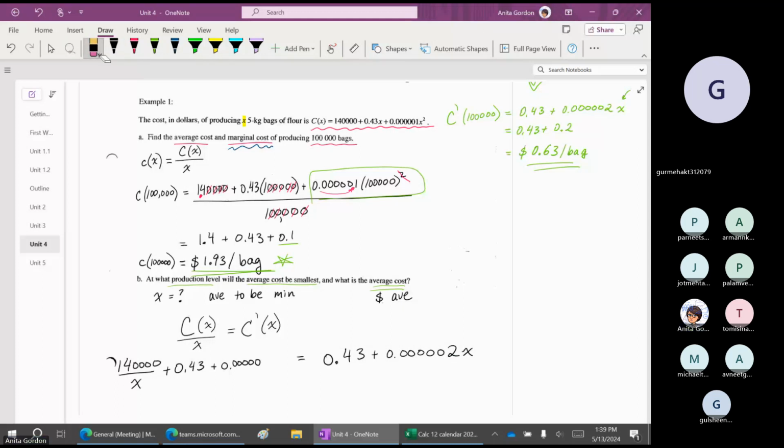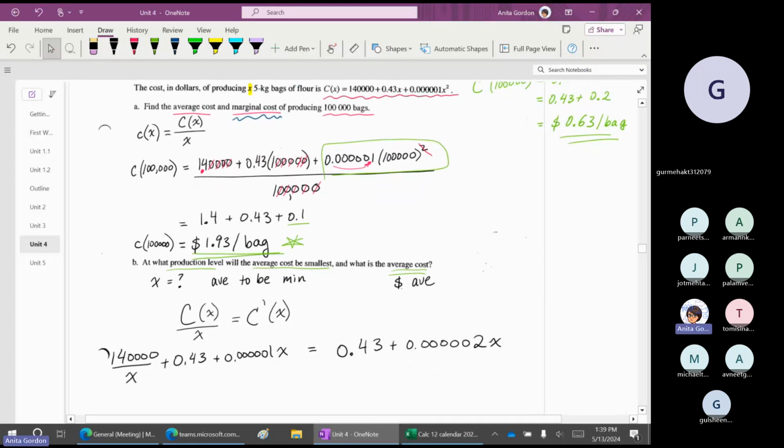Okay. Can you confirm that I have all my zeros in the right spot? So I took my original function, I divided each piece by x. So this is the average cost without knowing what the value of x is, and this is the derivative cost. And now I'm trying to solve for x.